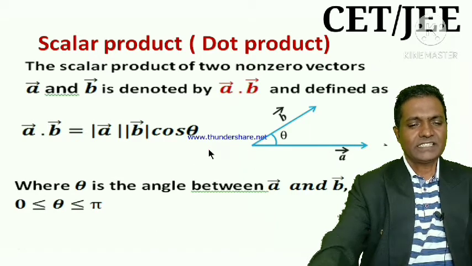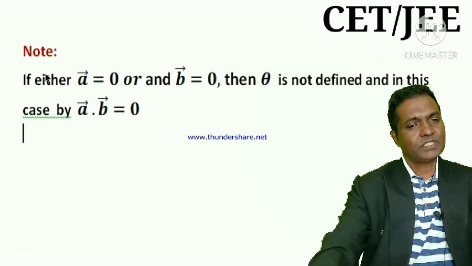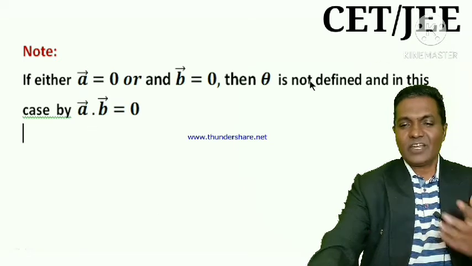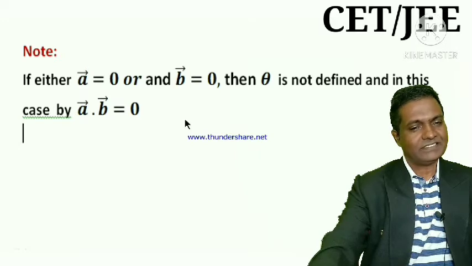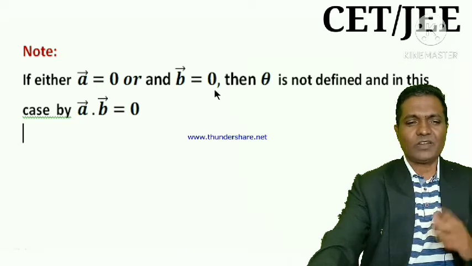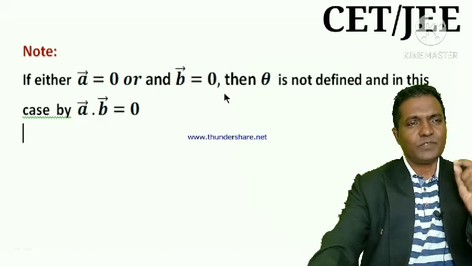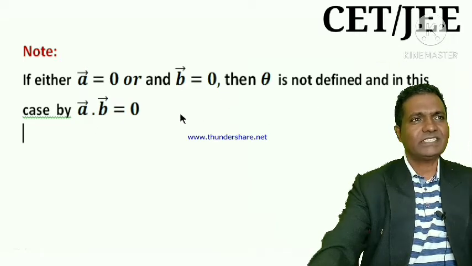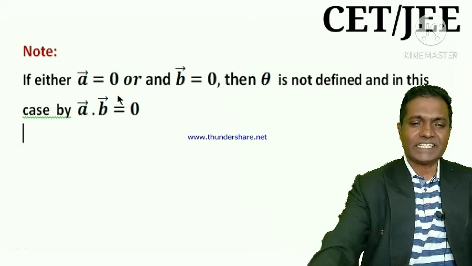Let's see in what case this product is not defined. If either vector A or vector B is 0, meaning one of the vectors is a zero vector, then their dot product is not defined; in such a case, their dot product is 0.